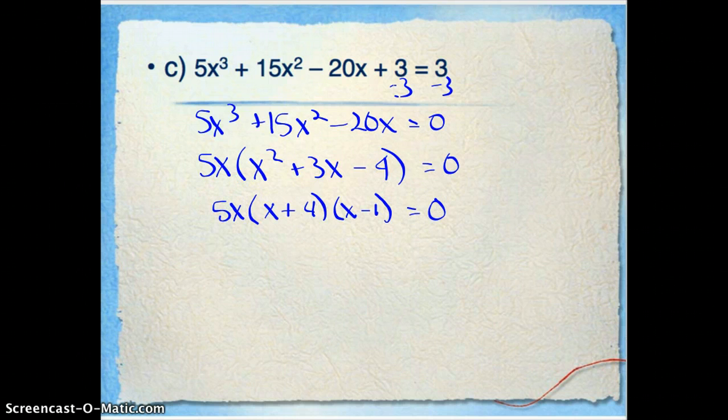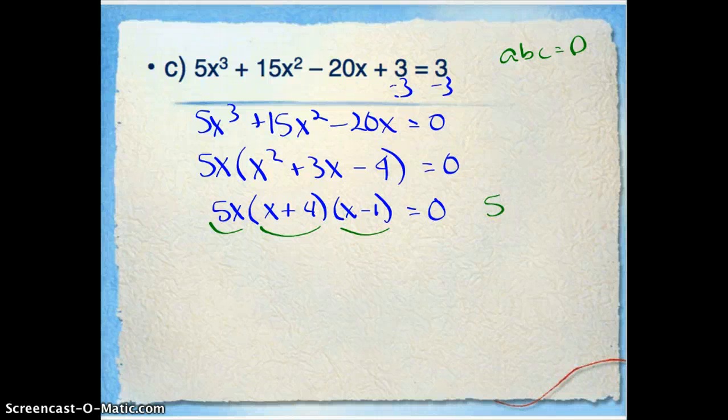Okay, what's different about this problem is now instead of having just two factors, you'll notice I have three factors. 5x times the quantity x plus 4 times the quantity x minus 1 equals 0. All right, so it wasn't explicitly stated in the zero product property, but I hope that you'd be able to see if a times b times c equals 0, then one of those three values, either a, b, or c, must equal 0.